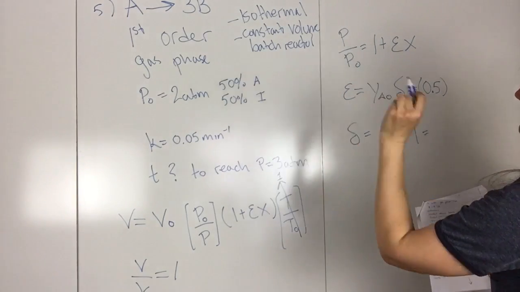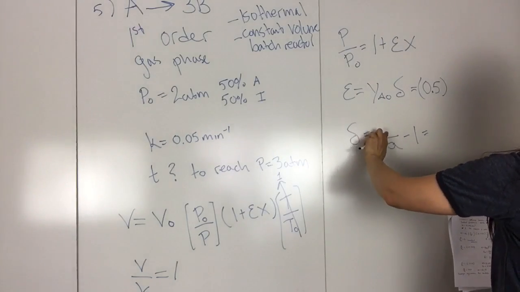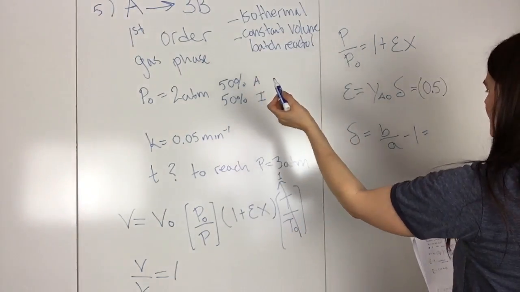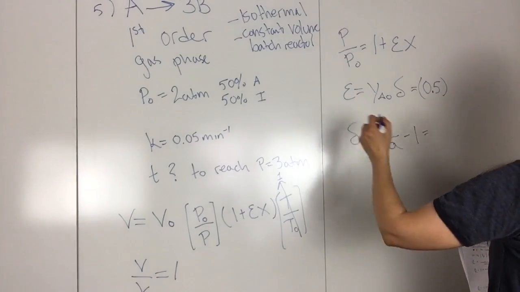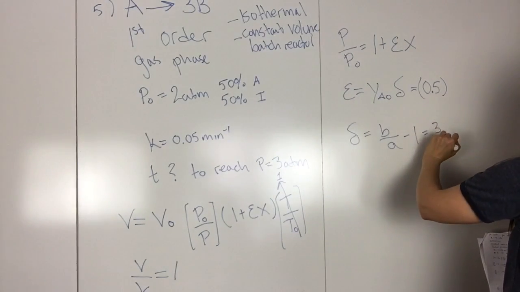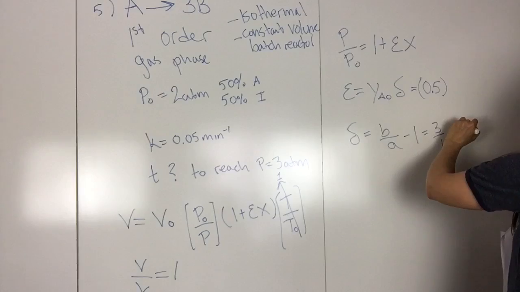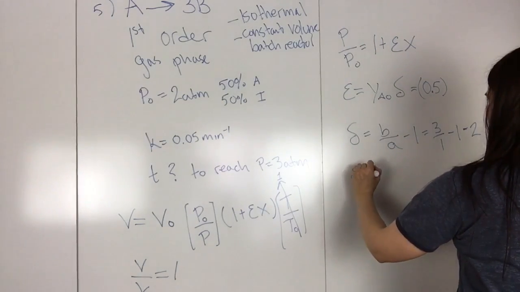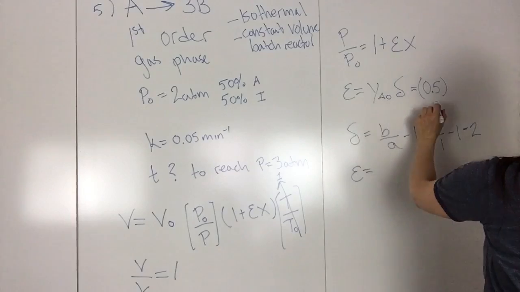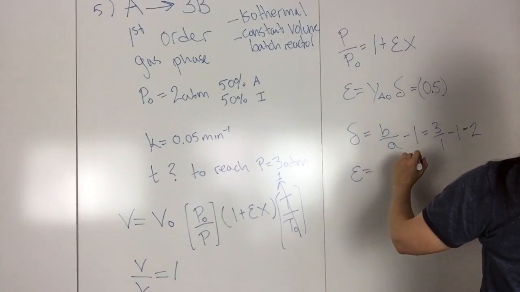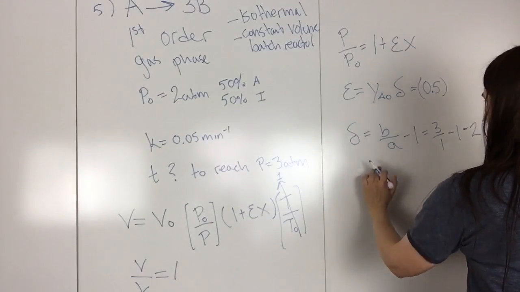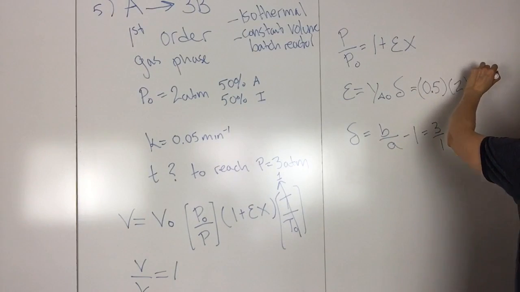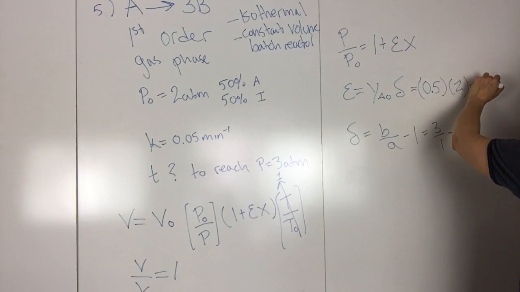B, sorry. So B is 3, A is 1, so this is 3 over 1 minus 1, which equals 2. So then we know that epsilon is equal to YA naught delta, so we can just plug in the 2, so that equals 1.